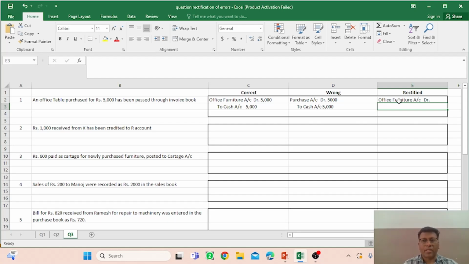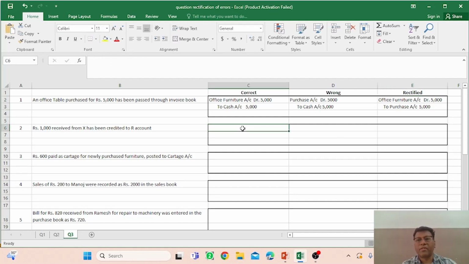So, to purchase account, and the amount was rupees 5,000. So this is the rectified entry.